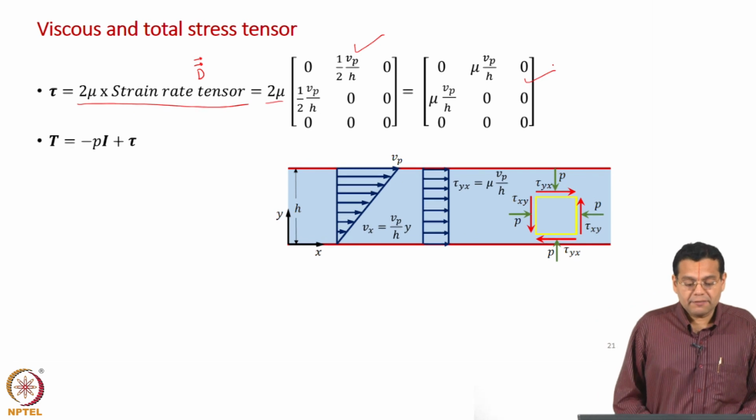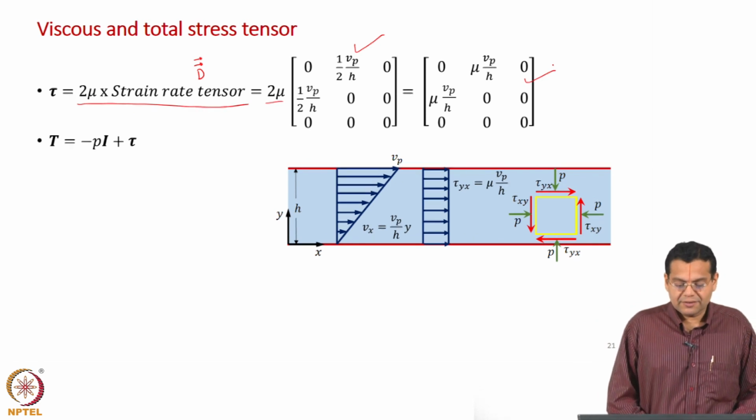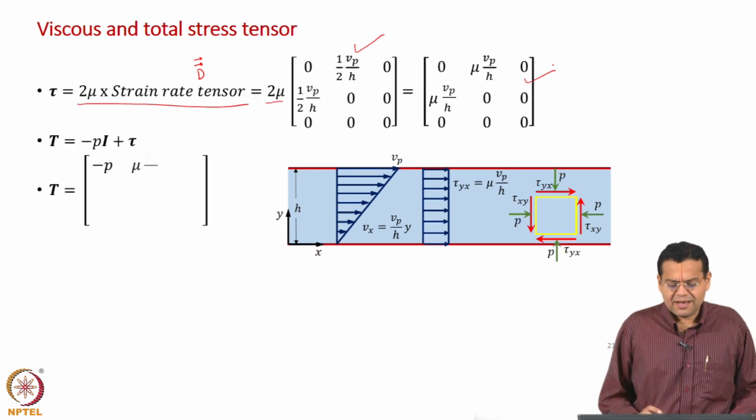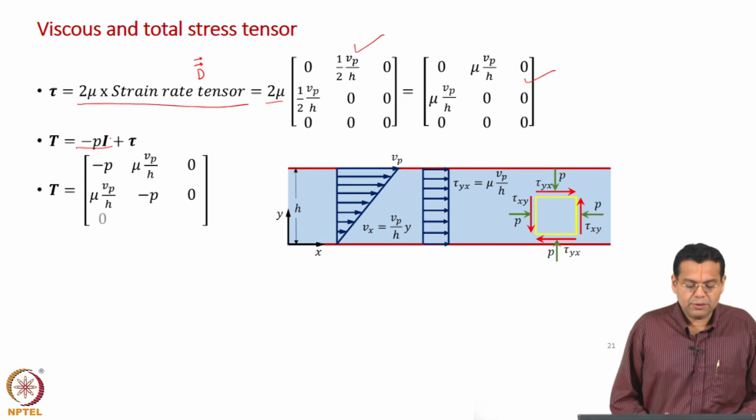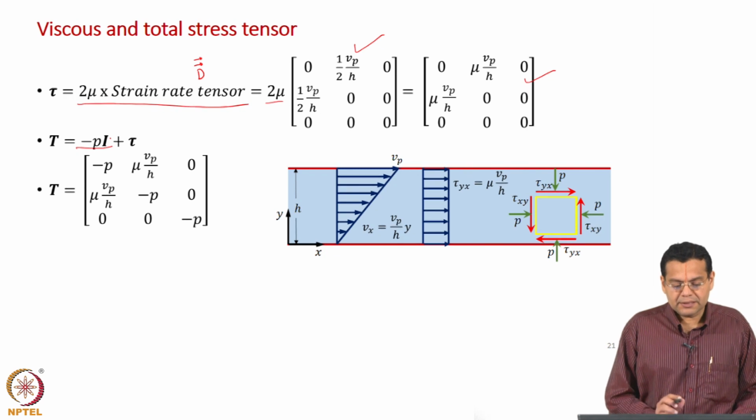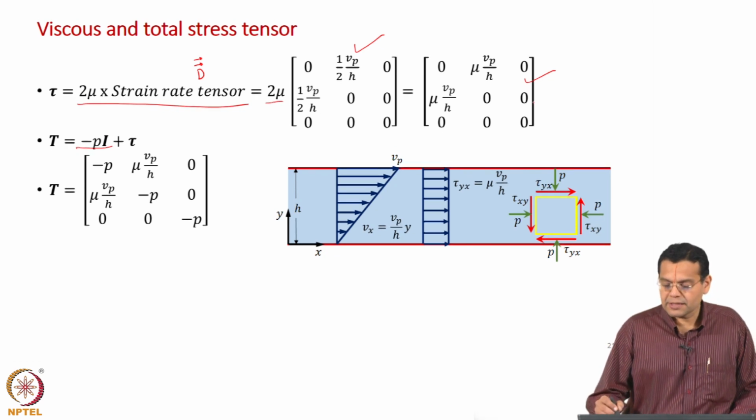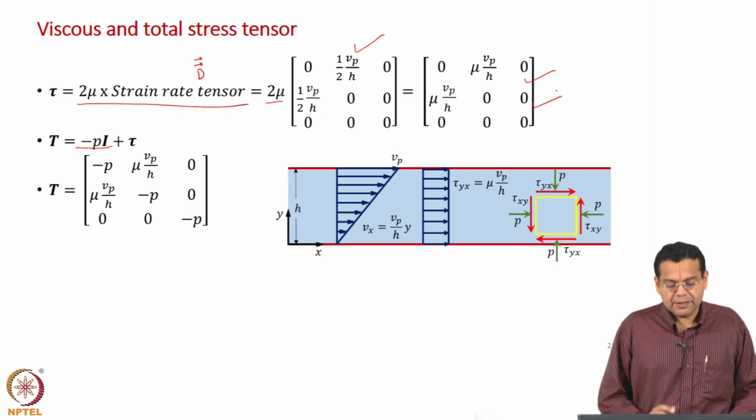We can also evaluate the total stress tensor. As we have seen, just add minus p to all the diagonal elements, because it is minus p into identity tensor plus tau. What is the big difference now?